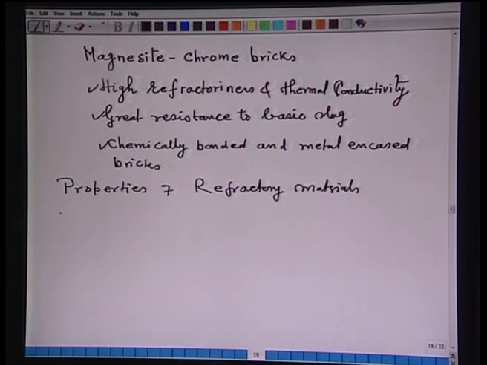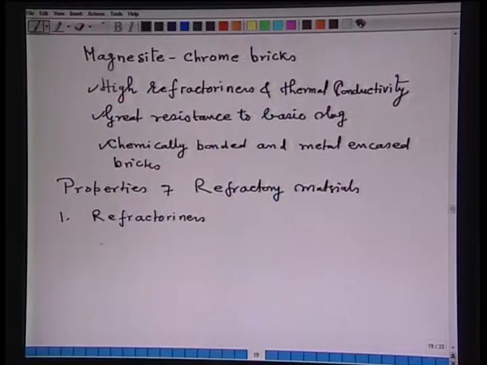First important property is refractoriness. Or fusion point. This is the temperature at which a refractory will deform under its own load.